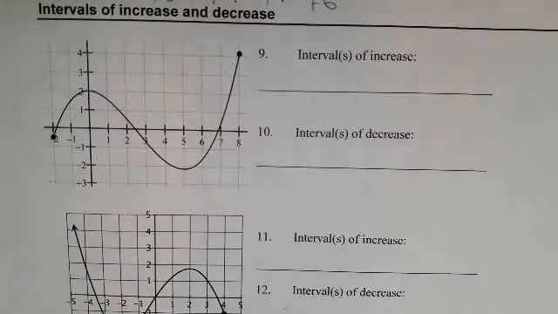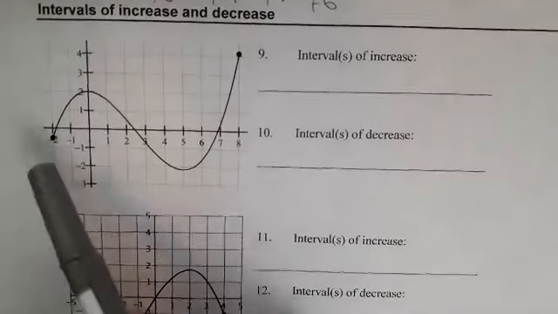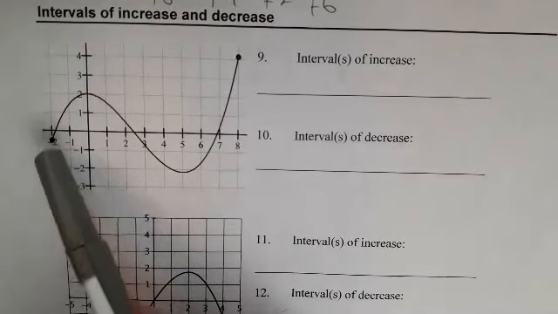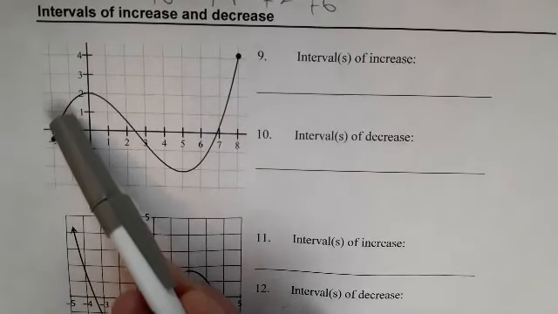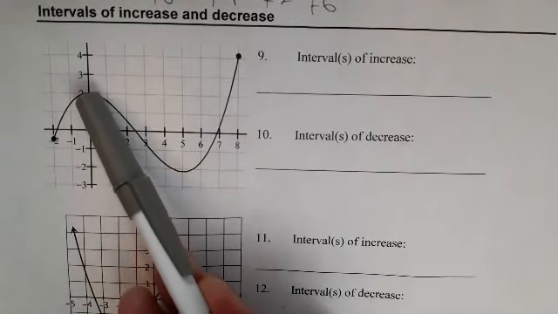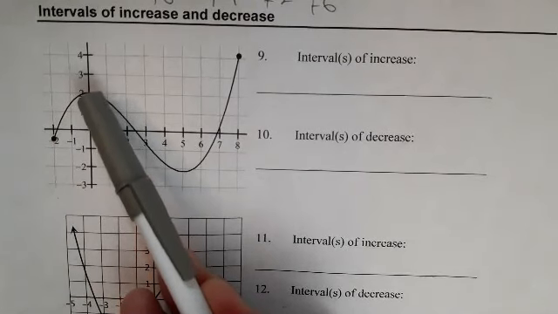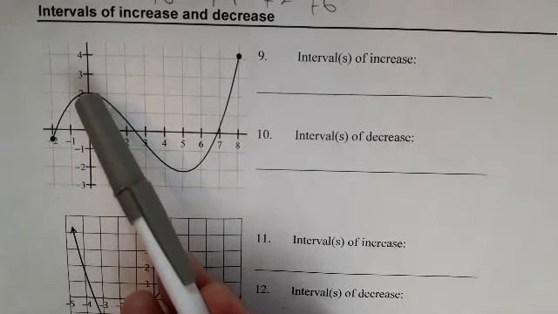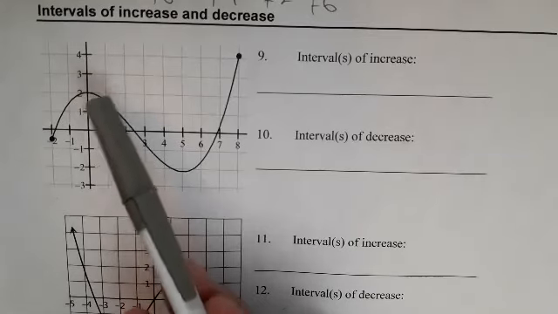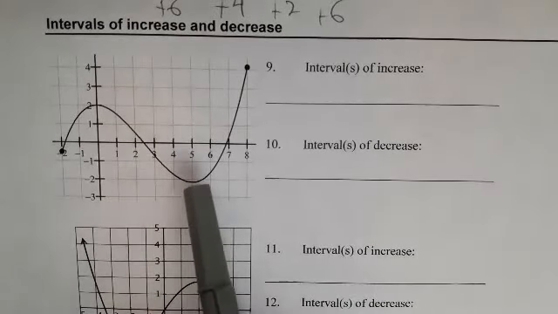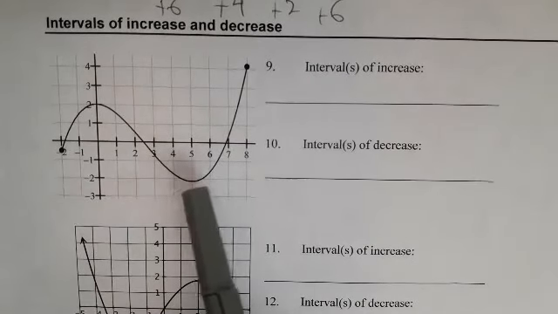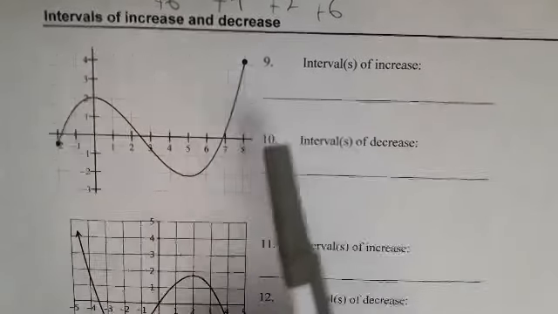I want to look at this graph. We're reading it left to right. We're starting here at -2. This thing is going, hopefully you can see it, up. It is going up until right here. And as soon as we get here, we start going down. And as soon as we get here, it stops going down and it starts going up.